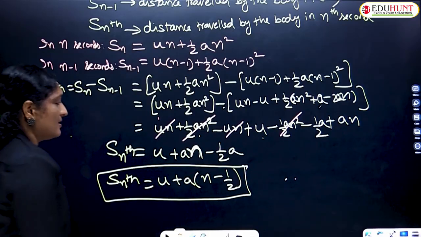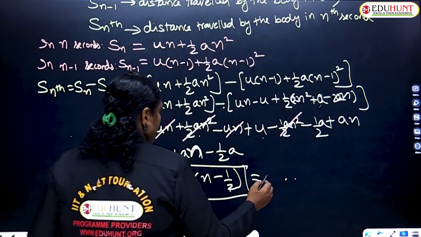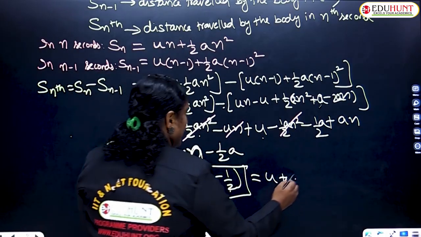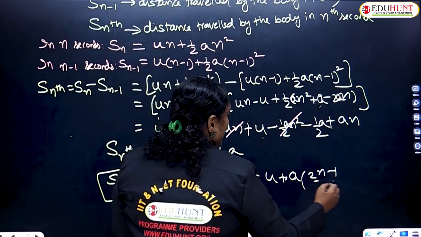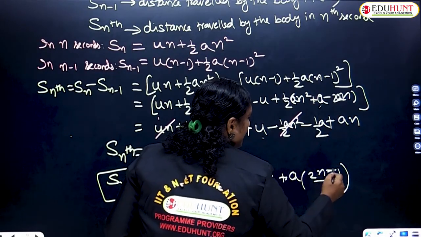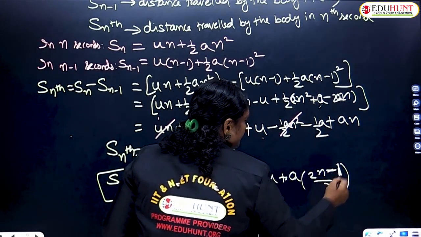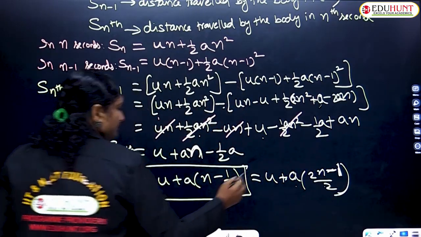Take the LCM, children. If you take the LCM, how much will it be? This will be u plus a as it is, and here it will be 2n minus 1 by 2. So this 2 you bring outwards.